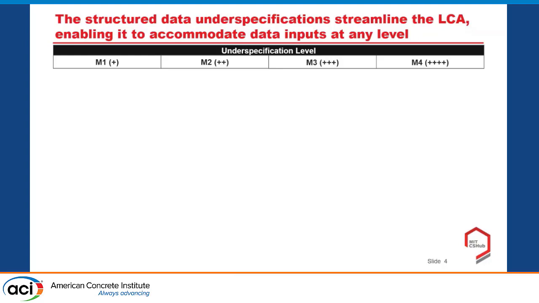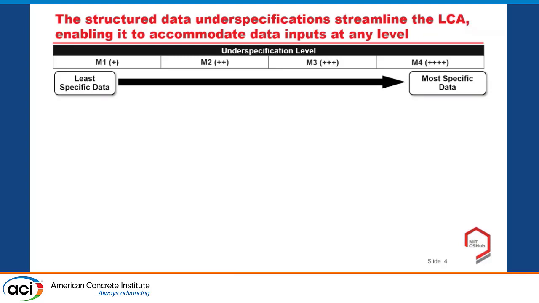So we want to adopt any data specification level, from M1, less data, until M4, which is more data with less uncertainty, the most specified data.